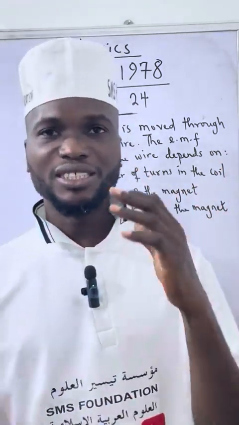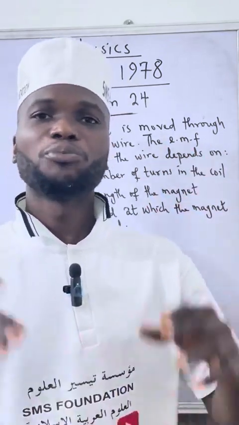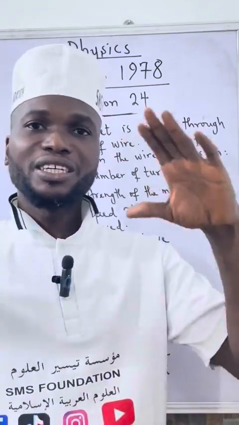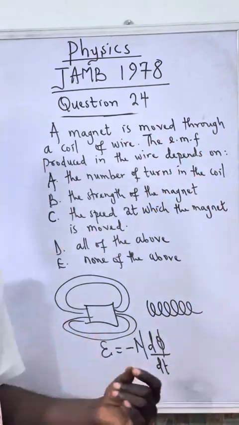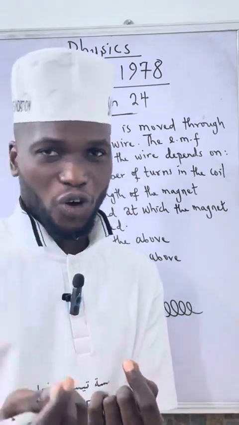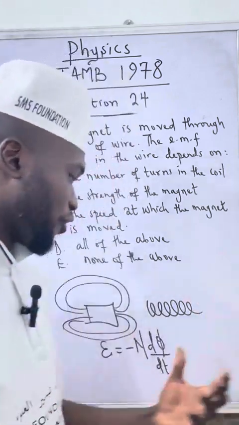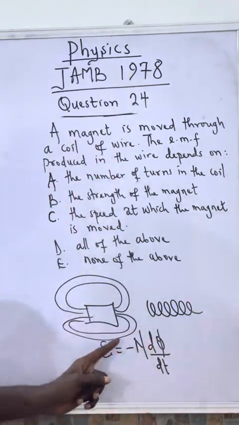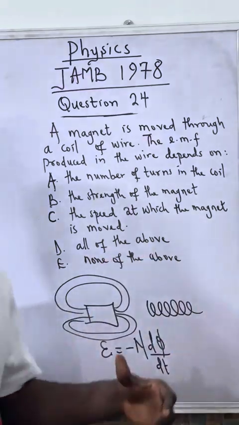If a magnet is small, the magnetic field around the magnet will be small. But if the magnet is big, the magnetic field around it will be large. So a small magnet will have small magnetic flux, and a big magnet has big magnetic flux. When the magnetic flux is larger, the EMF will also be larger.